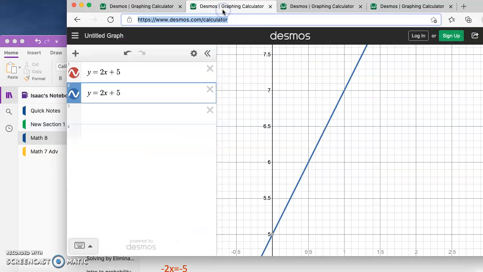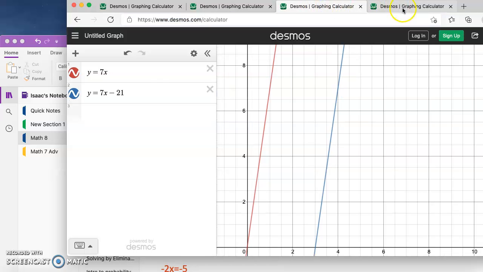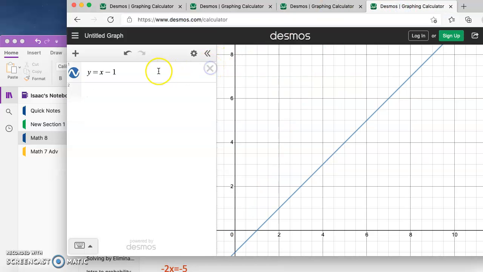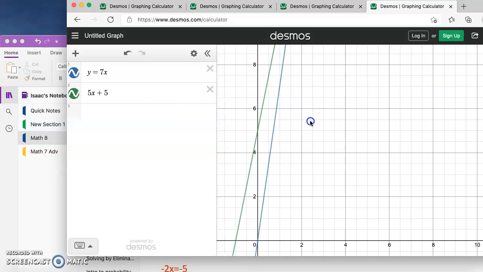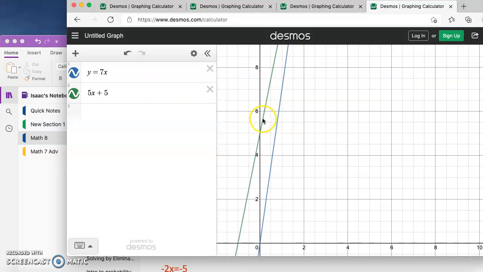So if we look at that on a graph, this is one place we have to be careful, because at first, when we graph this, it looks like, oh, there's no solution, right? They never meet.